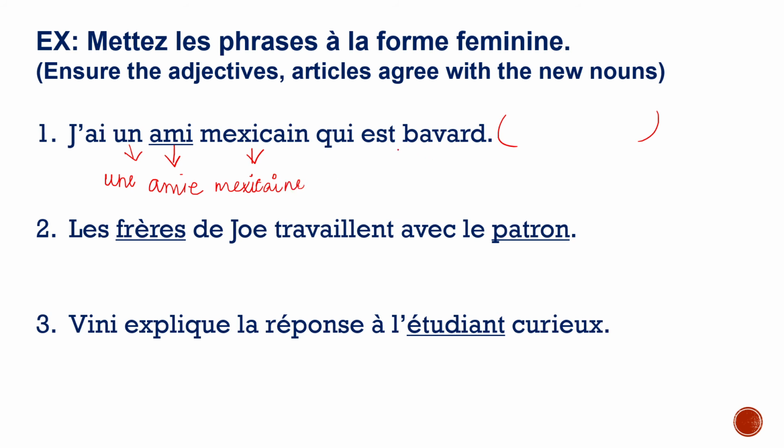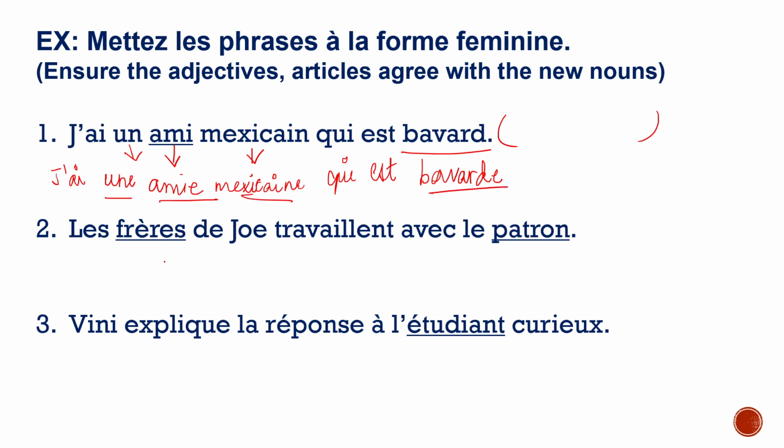Then qui will remain qui. Remember, verbs you are not changing here. Je will remain je. Bavard is an adjective meaning talkative or chatty, will also get an extra e. So can you see, you've changed the noun, you've changed the article, and you have to change the adjectives as well.